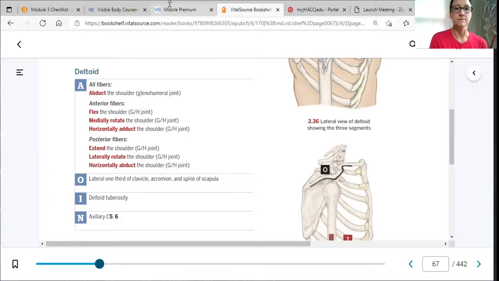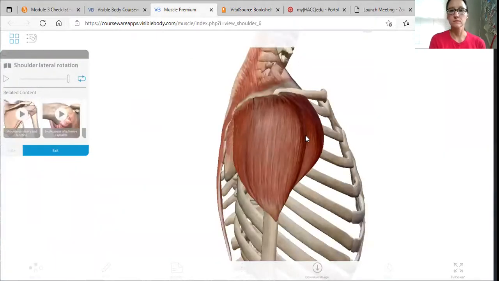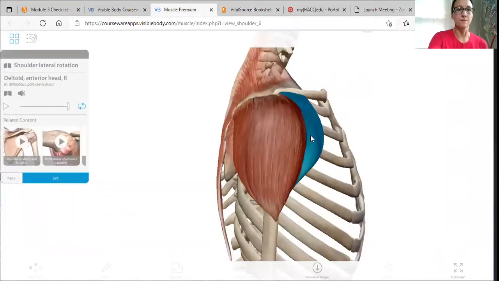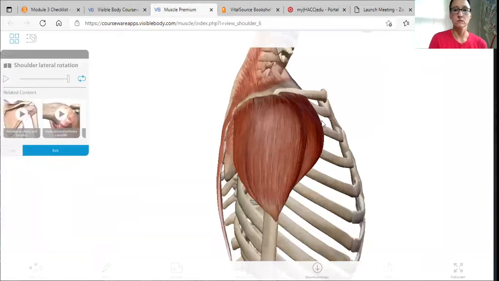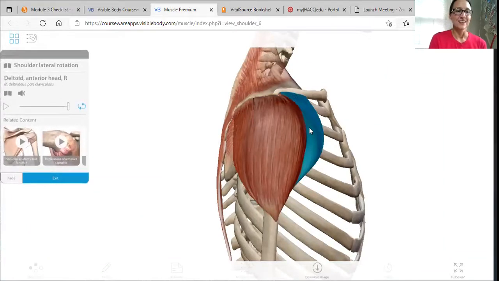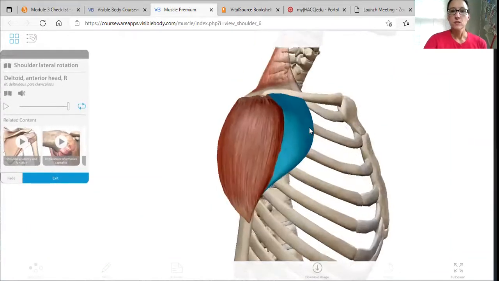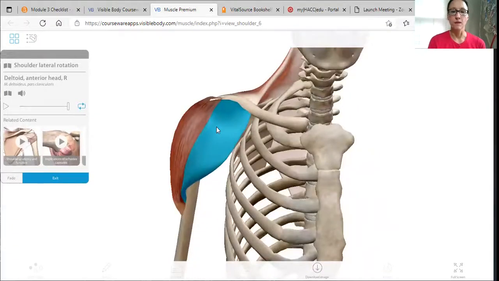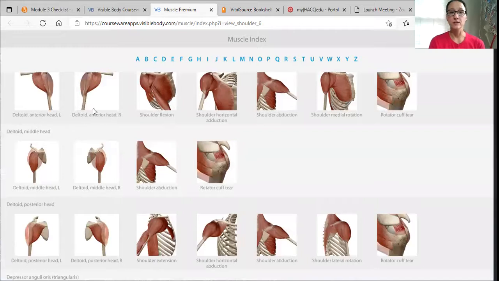Let's look at these. So anterior deltoid, we're just going to spin this around right here. I actually have to go back into anterior deltoid. If you can see, it's right up here, and then it'll show you the actions. So flexion, horizontal adduction, and medial rotation are the ones that we're going to look at.